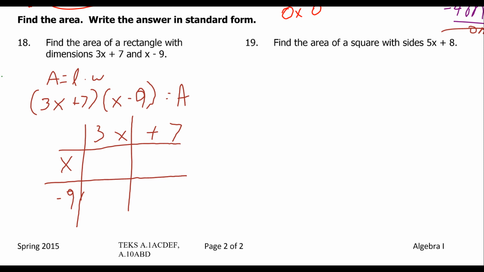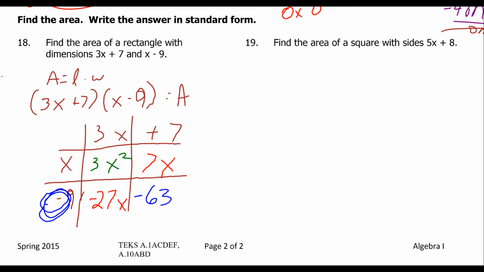So 3x times x is 3x squared. 3x times negative 9 is negative 27x. 7 times x is 7x. And we've got 7 times 9, which is going to be negative 63. Don't forget, you got that negative sign there.